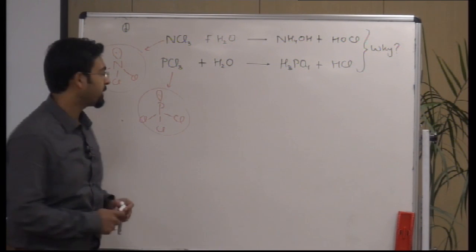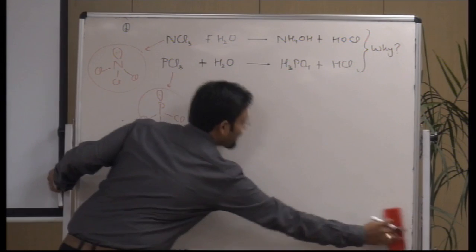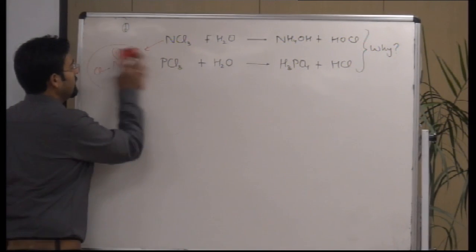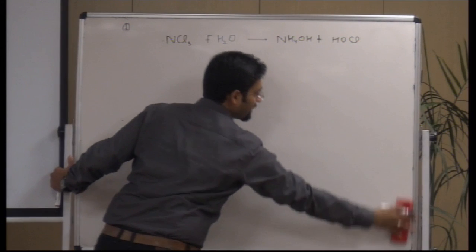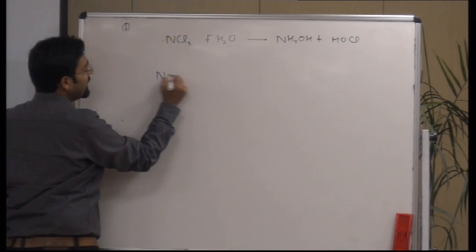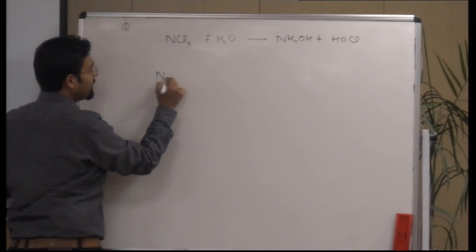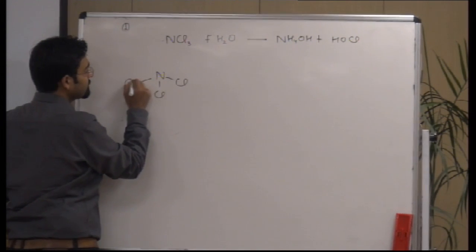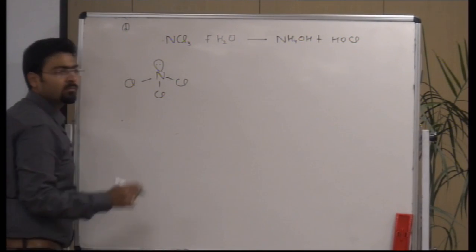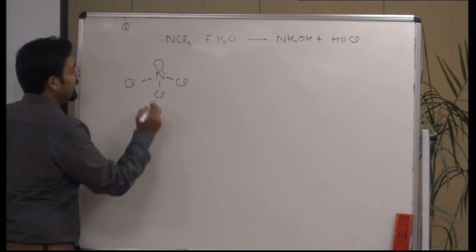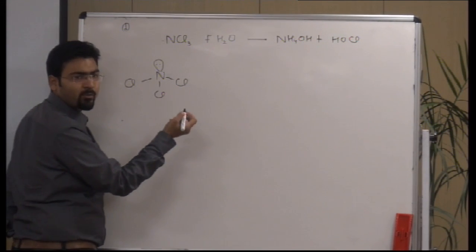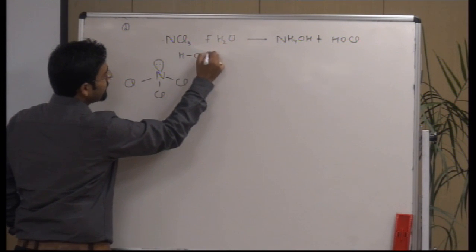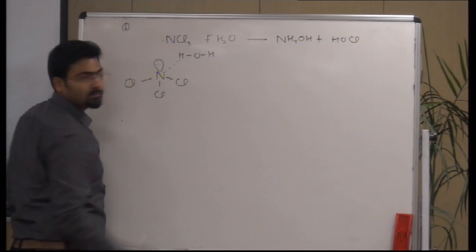Nope. Okay. Let's see. So I'll explain it. Let's understand what happens with NCl3. When I have NCl3, the nitrogen is bonded to 3 chlorine atoms and it has a lone pair on it. The 3 chlorine atoms also have lone pairs, but this nitrogen is capable of forming a hydrogen bond with H2O.